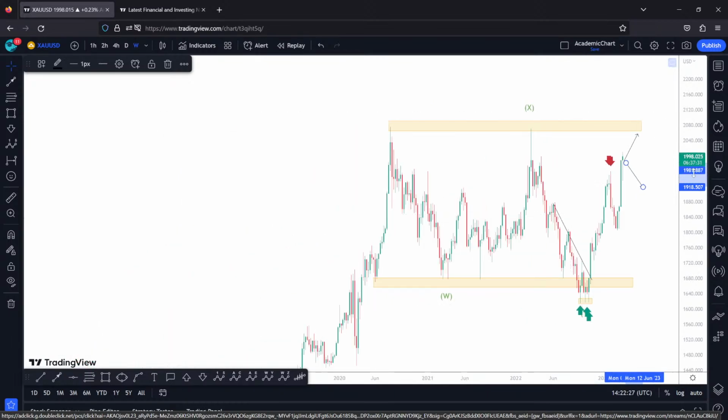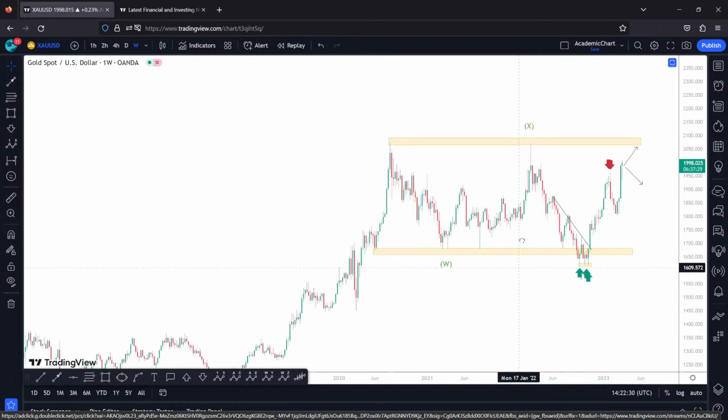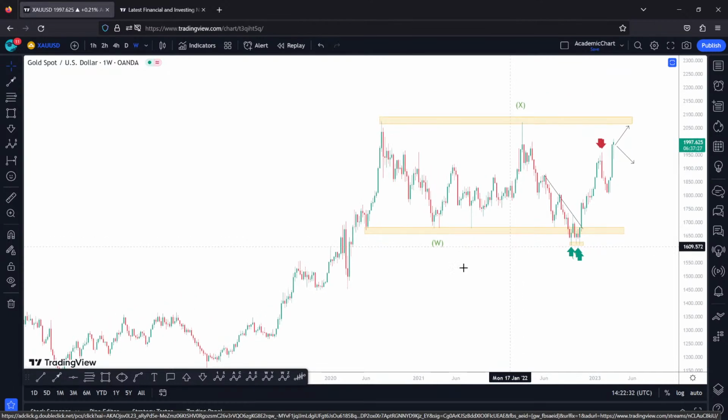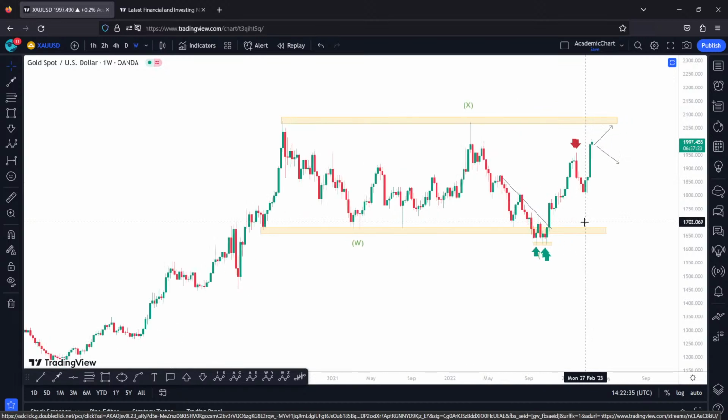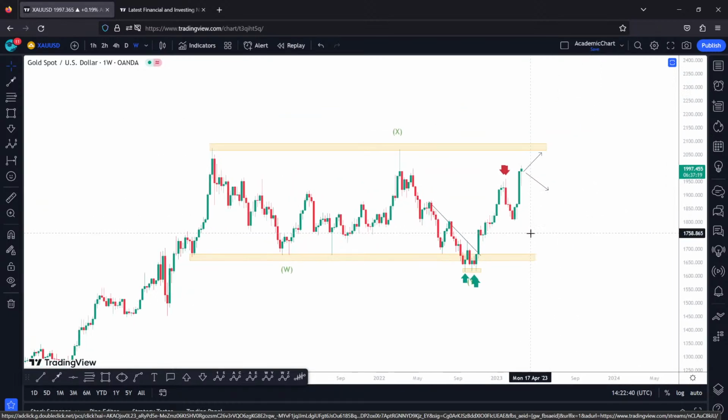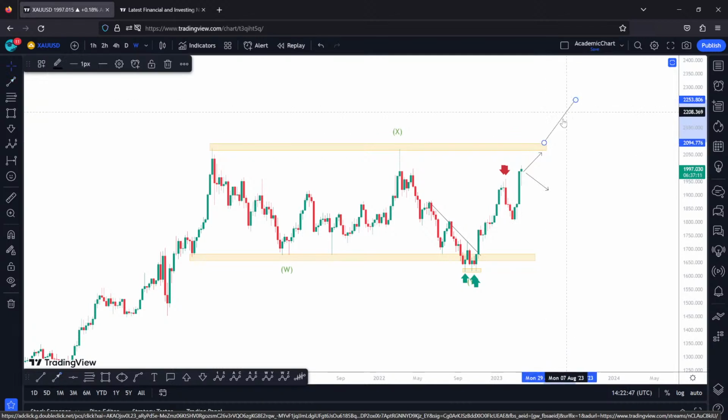So we had that long impulsive wave a few years ago, and now a long range market. The price action is telling me that it is so sharp, it might be the start of an impulsive wave, and this might continue to the top.